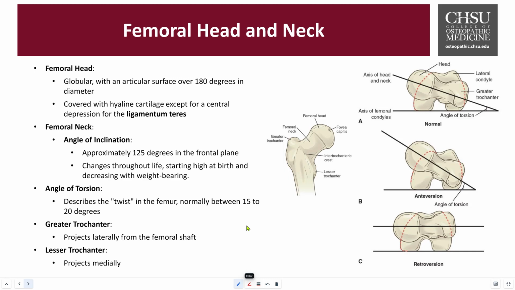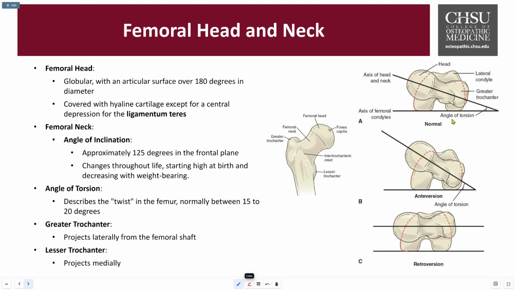There are several key points I want to highlight. Number one, the angle of inclination. The angle between the femoral neck and the femoral shaft is important for diagnosing certain kinds of disorders and issues with the lower limb. It's approximately 125 degrees in the frontal plane, and the angle changes throughout the person's life, starting pretty high at birth, and then decreases as the body gets heavier and weight bears.